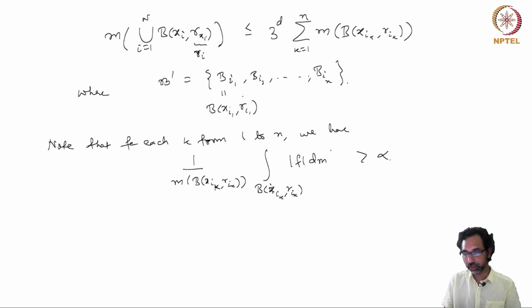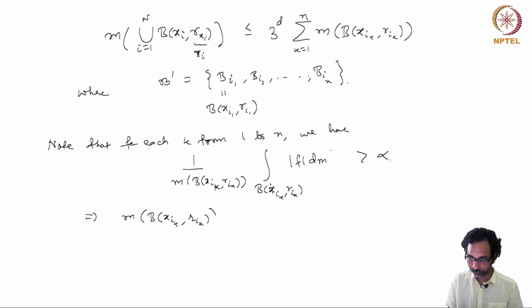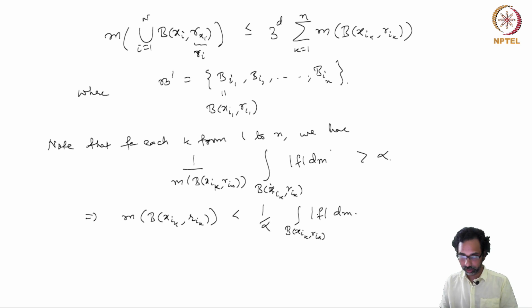So in particular for this subcollection also this will hold, and so this implies that the measure of B(x_{i_k}, r_{i_k}) is less than 1 over alpha times the integral over B(x_{i_k}, r_{i_k}) of |f| dm. And so we can use this here. Let's say this is 3, this is 2, and so we can plug in the values from 3 in 2.